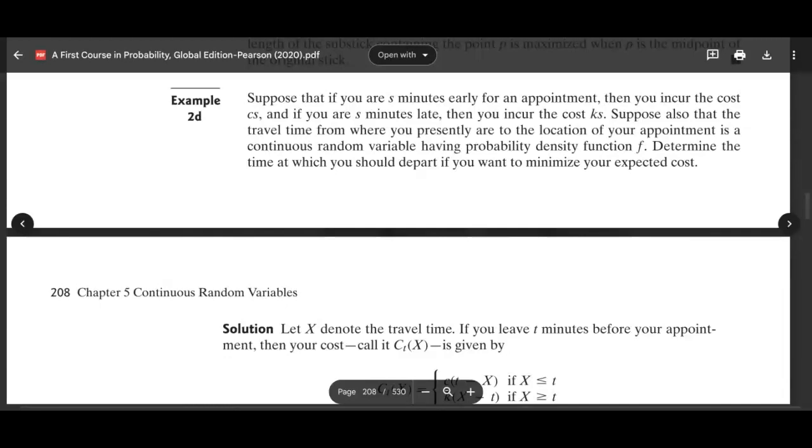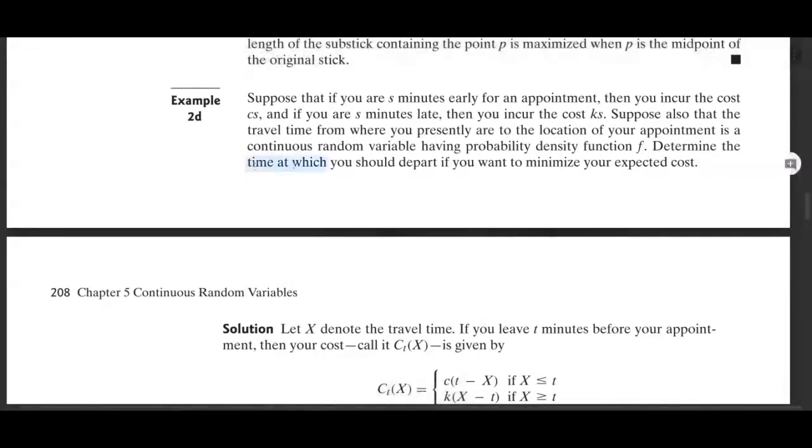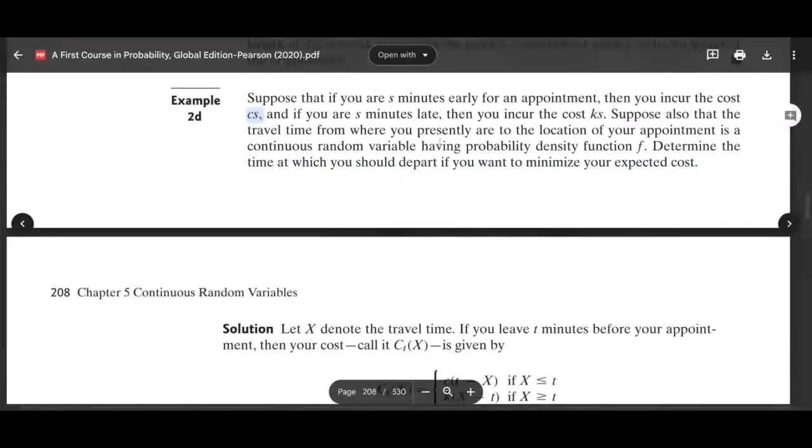Suppose also that the travel time from where you presently are to the location of your appointment is a continuous random variable having probability density function f. Determine the time at which you should depart if you want to minimize your expected cost. Because if you go early, it costs you cS. If you go late, it costs you kS.